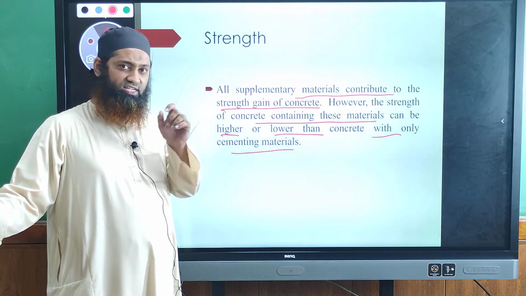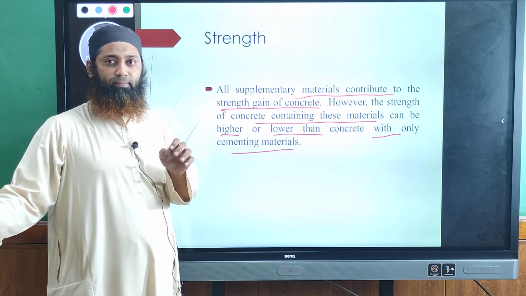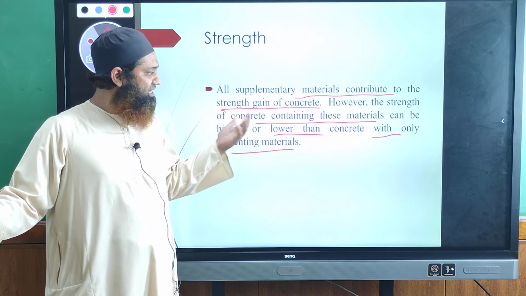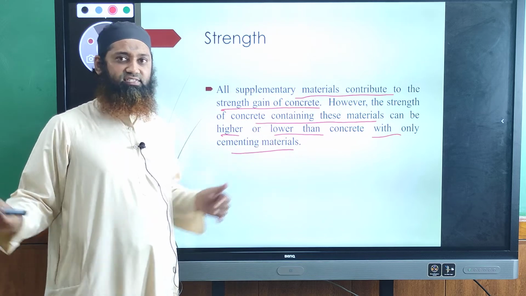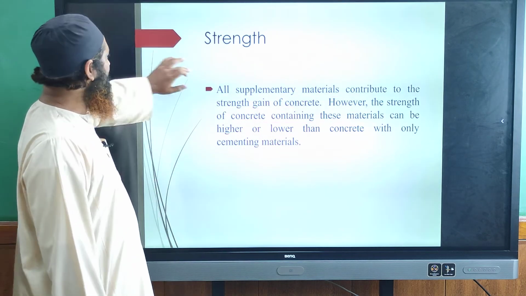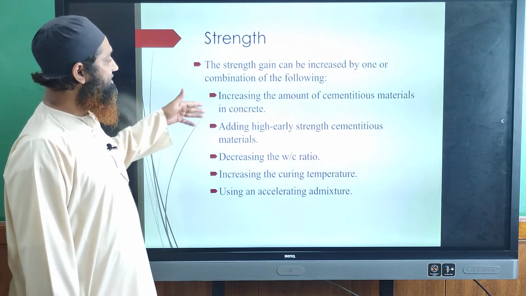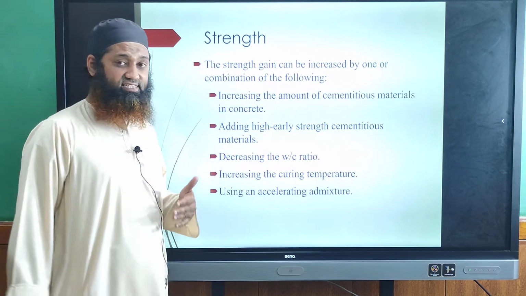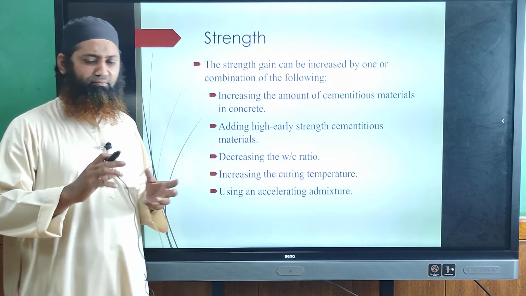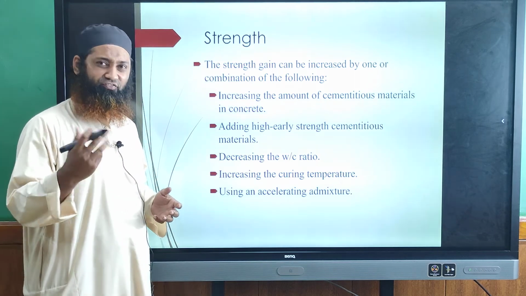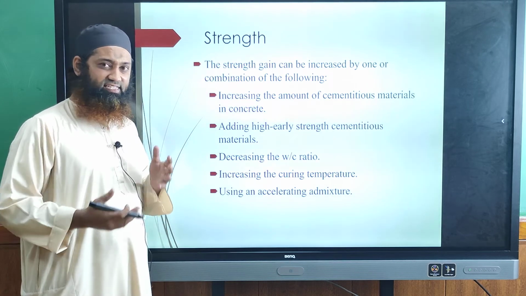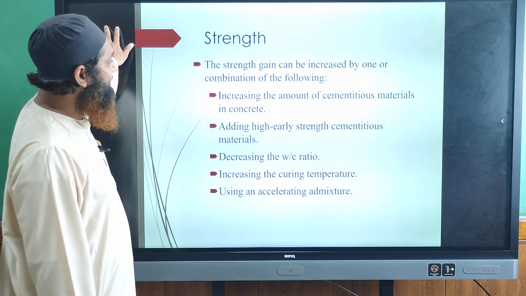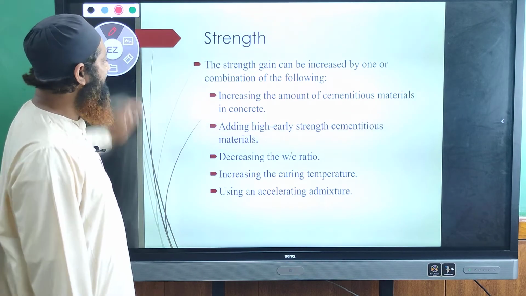But most of the time, if this care is taken, the strength is also increased when these different cementing materials are mixed here. You can see the strength gain can be increased by one of the combinations of the following. Different materials perform differently. To increase this strength, what we'll have to do is increase the amount of cementitious material in concrete.